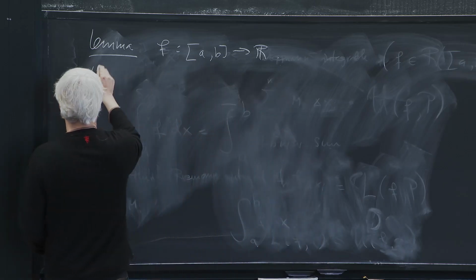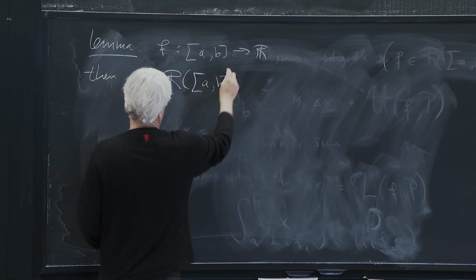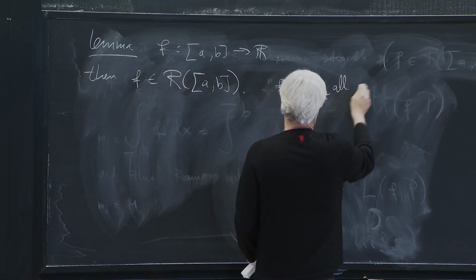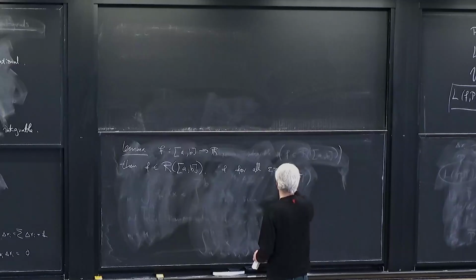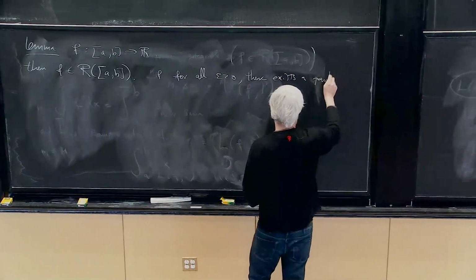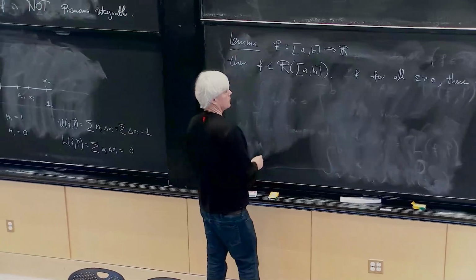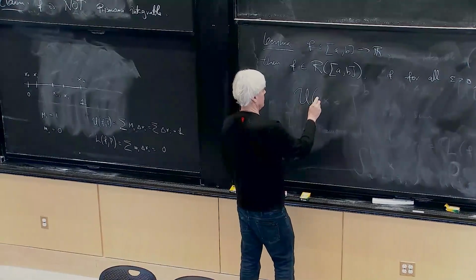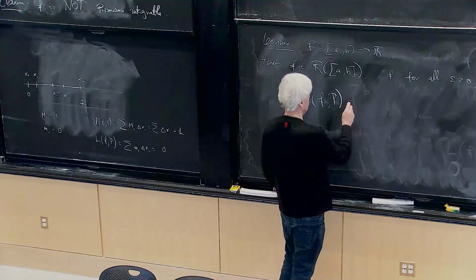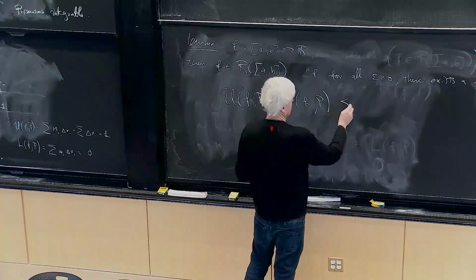Then f is Riemann integrable if for all epsilon greater than 0, there exists a partition P so that the upper sum minus the lower sum, remember that this is always bigger than the lower sum, is less than epsilon.